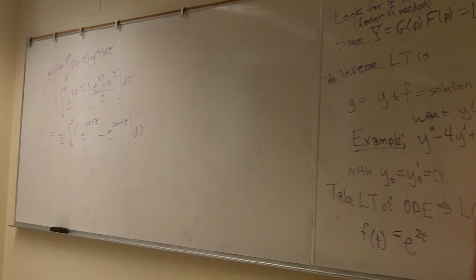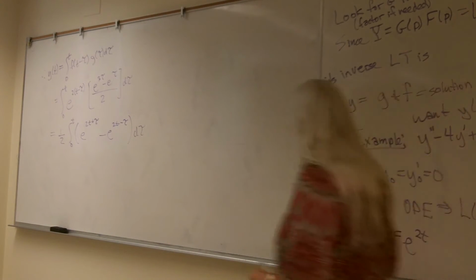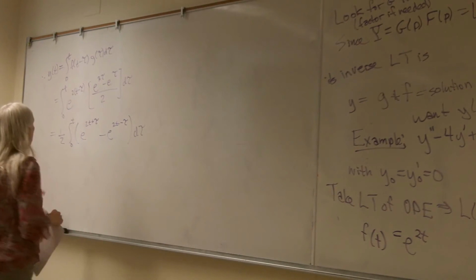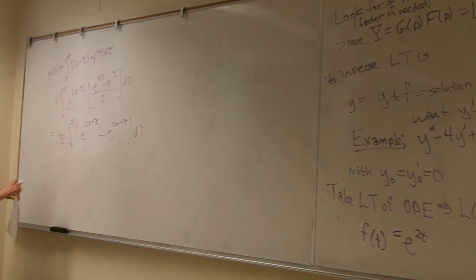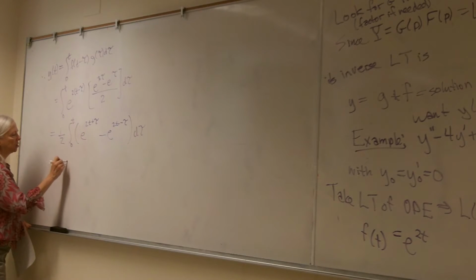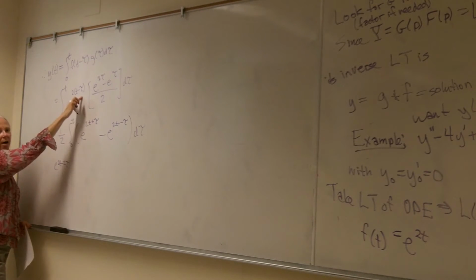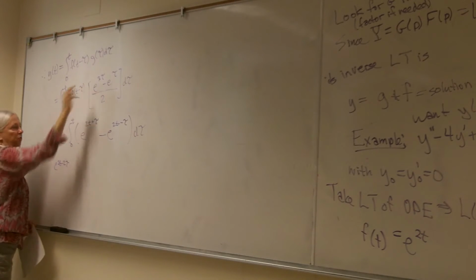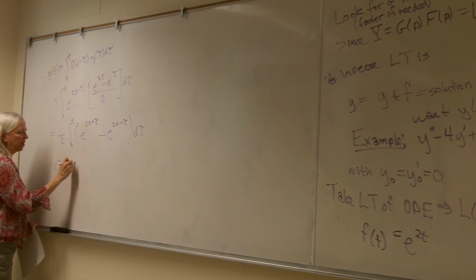Would it be 2 times the quantity of t plus tau? Well, we've got e to the 2t minus 2 tau, right? We multiply that out. And then from this first term, we add 3 tau.